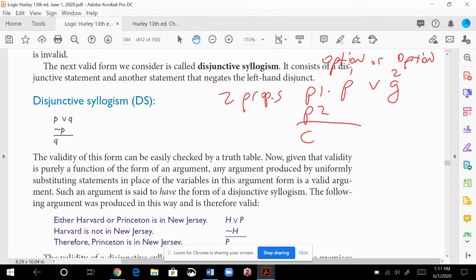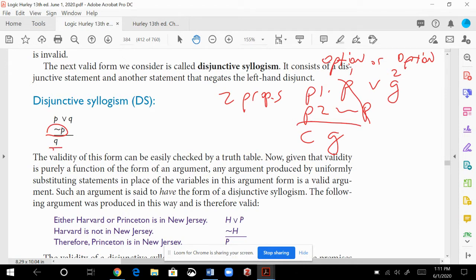P or Q, A or B, C or D, whatever letters you want to use, right? And over here, I'm denying one of those. I am literally saying tilde, denying one of them. We'll just pick P, right? If I deny one of the options, I have the other option, because that's what he shows you over here.